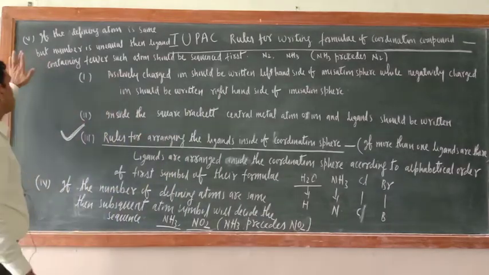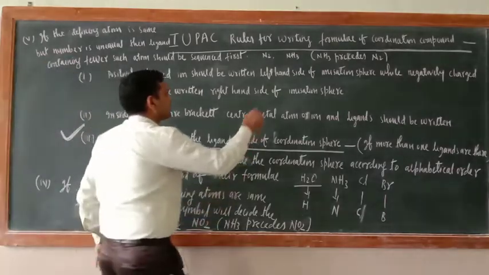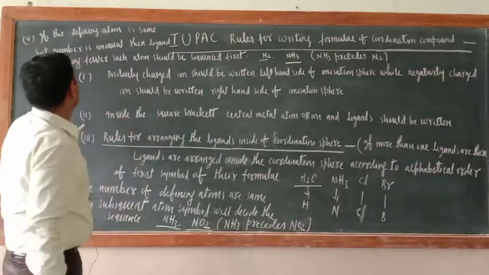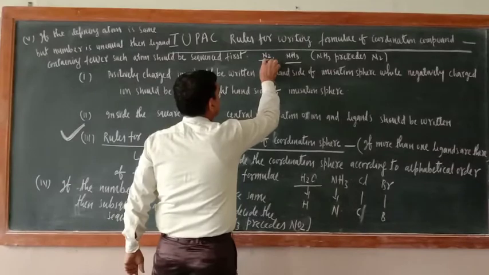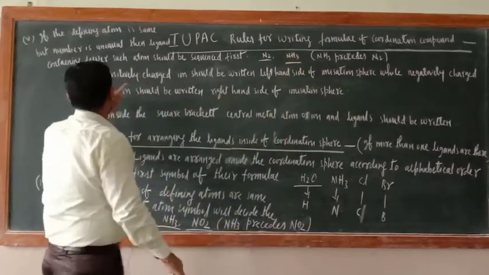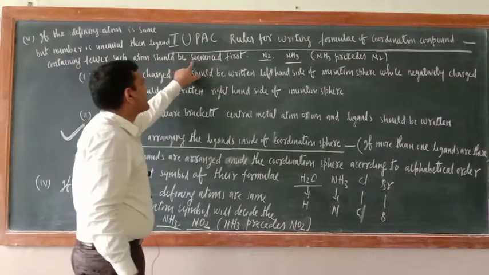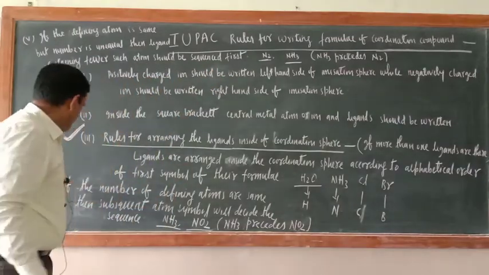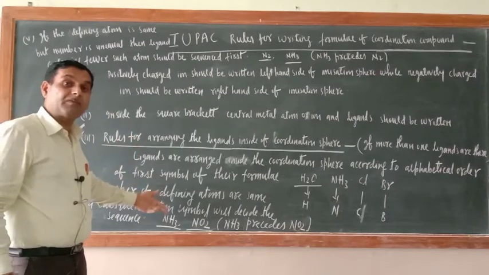Now just see the fifth rule. If the defining atom is the same, like N2 and NH3, the defining atom is the same, but the number is unequal. Here nitrogen is 2, in NH3 nitrogen is 1. Then the ligand containing fewer such atoms should be sequenced first. In the fourth rule, the defining atom was the same and their number was also the same.